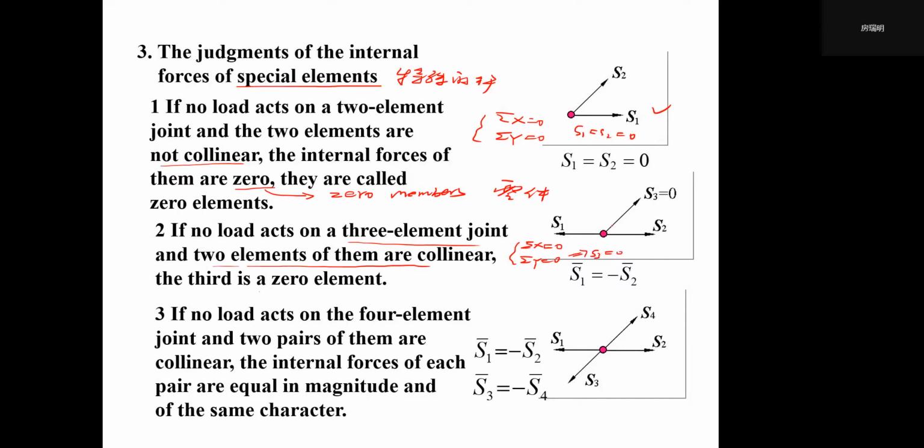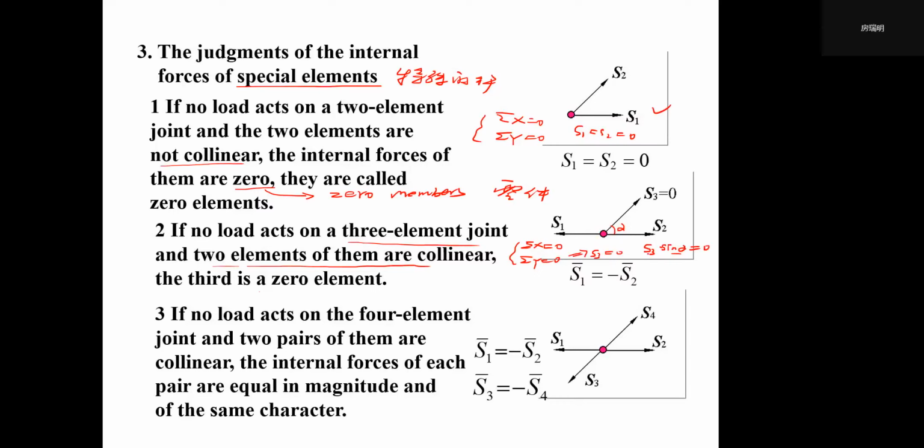Why? Let's say this angle is alpha. When we apply sigma y equals 0, we have S third times sine alpha equals 0, because there are no other forces along the vertical direction. Sine alpha cannot be 0, so if this equation equals 0, the only answer is that S third itself should be 0.